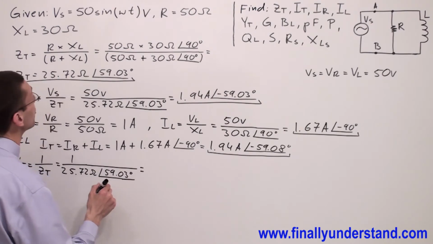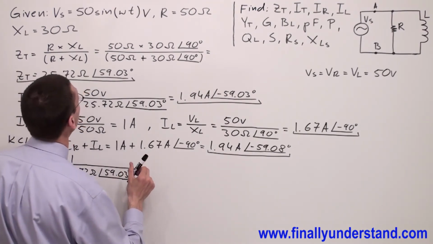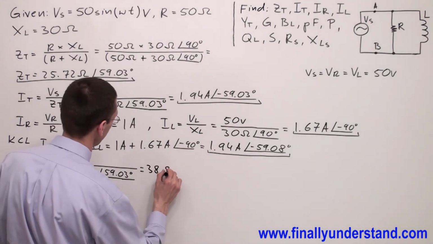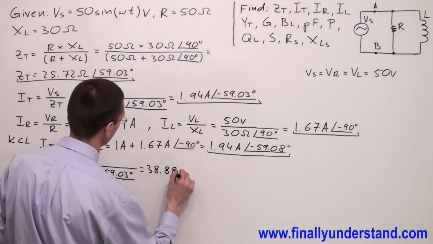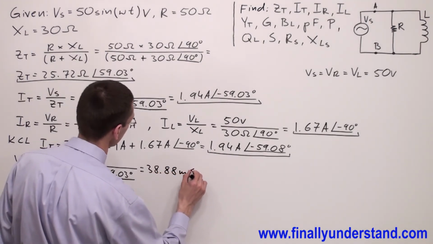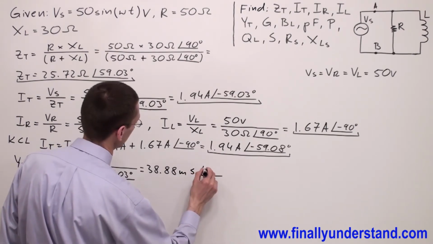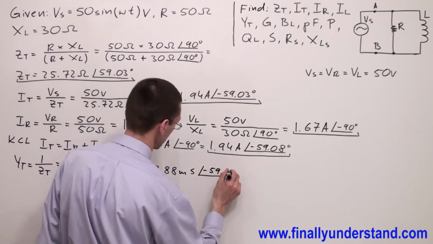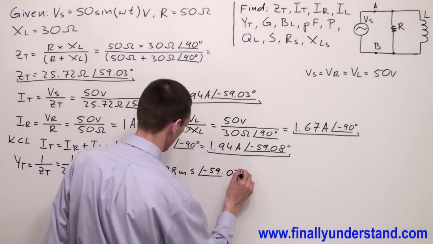This is equal to 38.88 millisiemens and angle of negative 59.03 degrees.